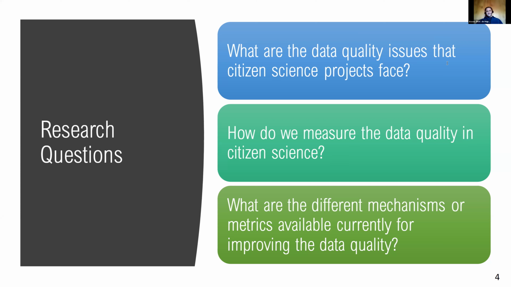And the last, and I think most important, aspect of our research is the different mechanisms and metrics that you could utilize to improve your data. Basically, if you are going to make a digital citizen science project, our framework could prepare you to reduce the probable problem sources.